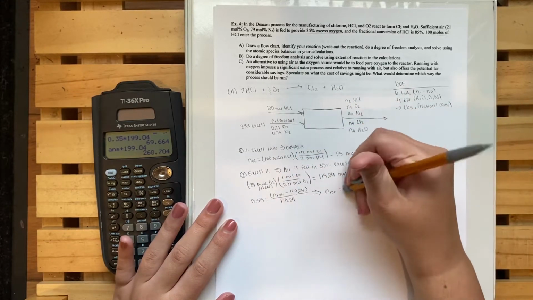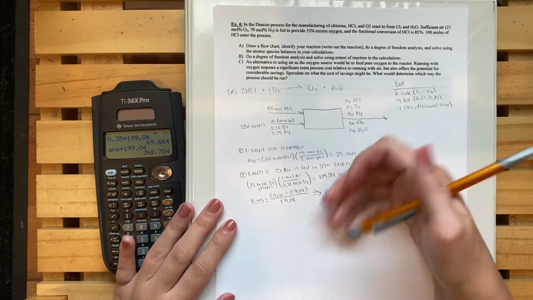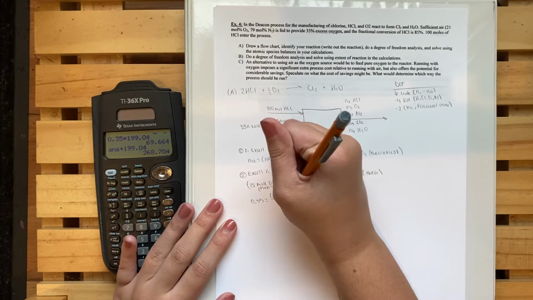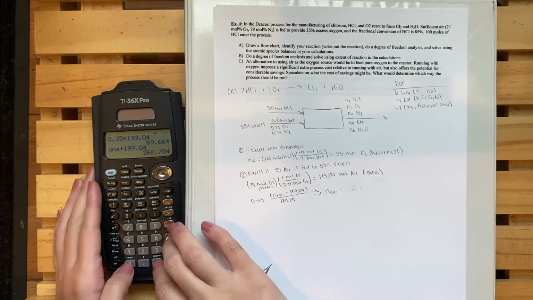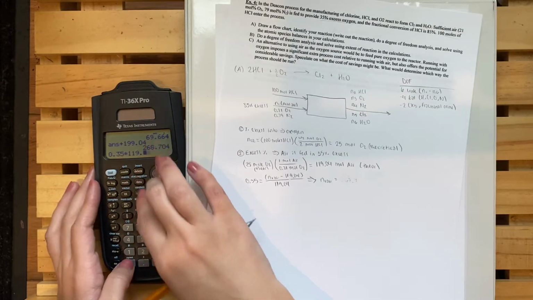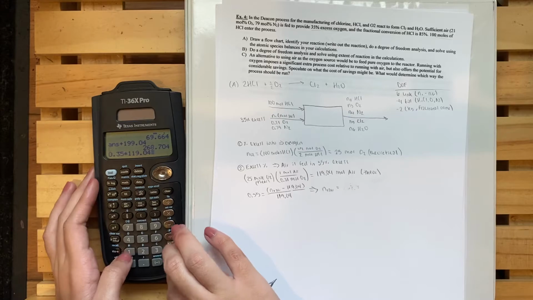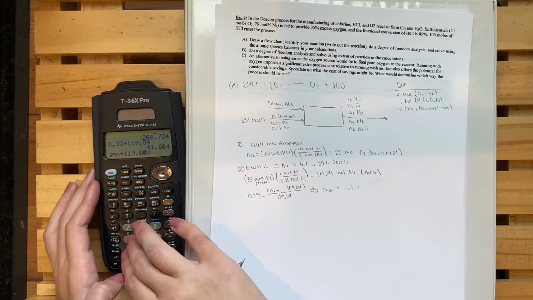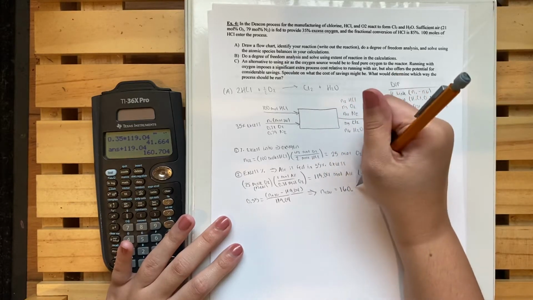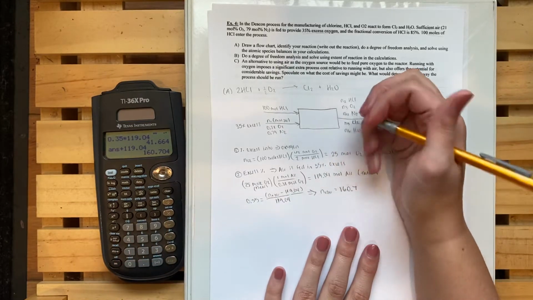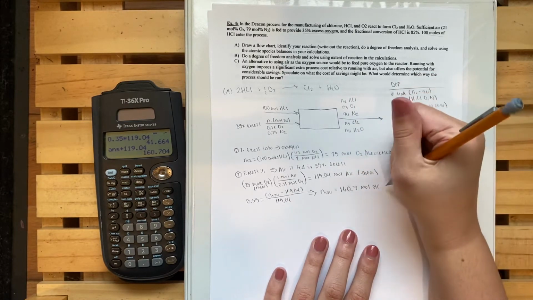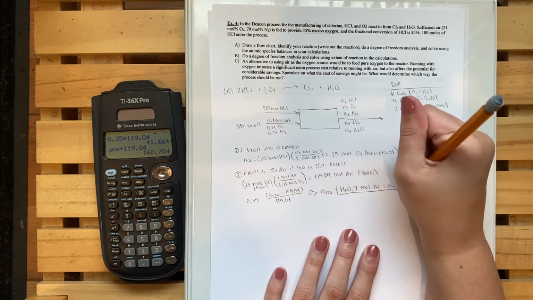Sorry about that. So it's 119 moles. Again, sorry. So 0.35 times 119.04 plus 119.04. Okay, yeah, that seems right. So we're feeding 160.7 moles of air to the process, and that is N1.